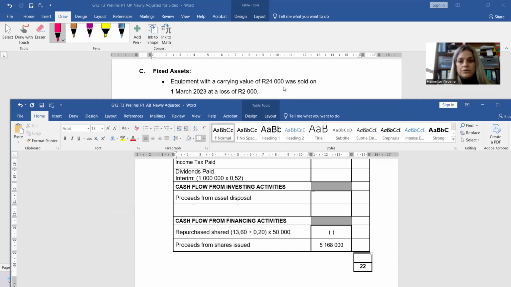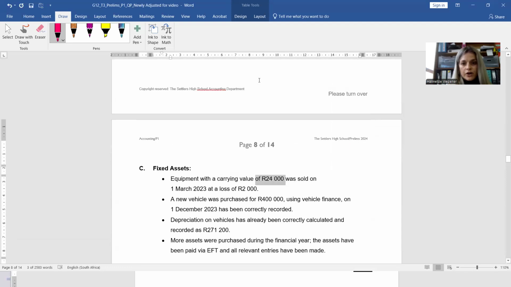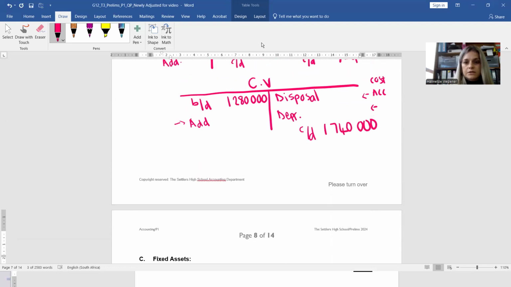In other words, you received 2,000 Rand less than the carrying value. So 24,000 minus 2,000, you received 22,000 Rand. So there was an inflow of 22,000 Rand. And the carrying value that you removed from your financial records, the disposal, was 24,000 Rand.